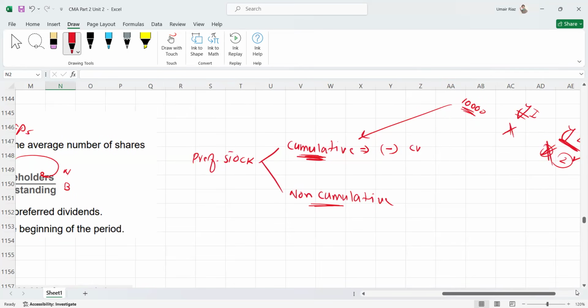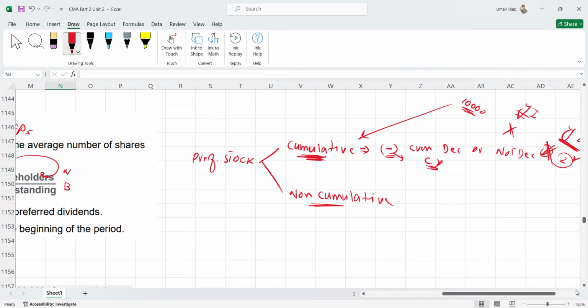We have to deduct it either way. But make sure that when we deduct, we take only the current year dividend. Don't take previous years, because we calculate this EPS every year. So every year, if preferred stocks are cumulative, we will deduct the current year dividend.